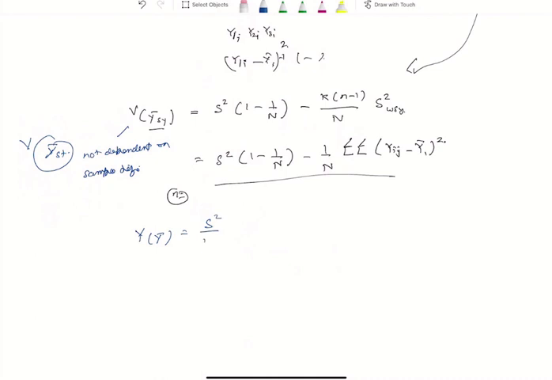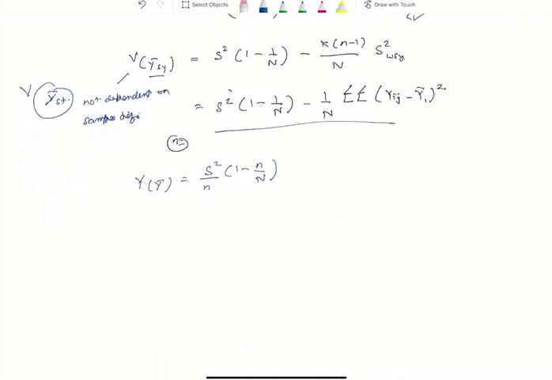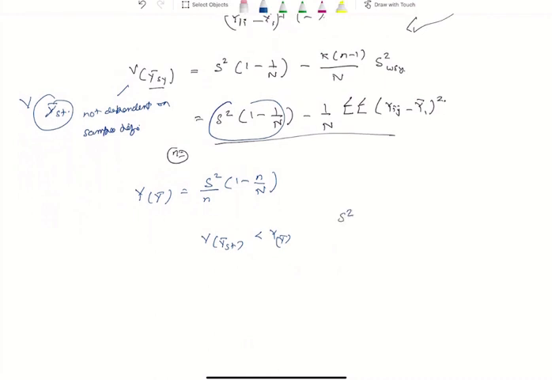That is S square over n, times 1 minus n over N. So what we can see from these two is that the variance of y bar systematic is less than the variance of y bar if and only if S square WSY is more than S square.